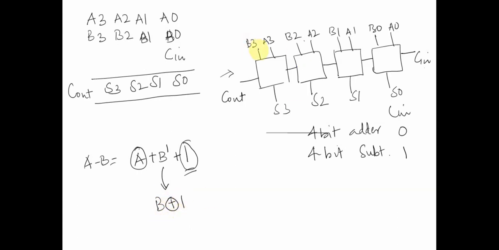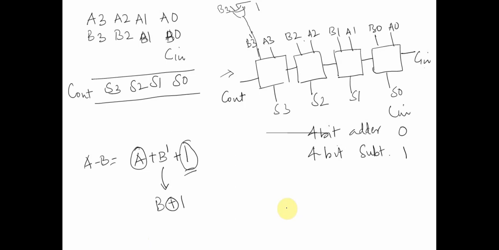So basically, if I XOR this B with 1, which is as simple as saying we have this number B3 and we XOR it with 1, this is B3 bar.